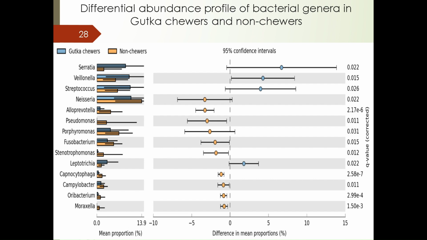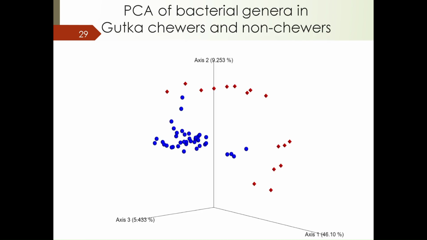And we found that there is considerable variation in the bacterial flora of the people who are using gutka and related betel nut preparations. This slide shows the PCA, principal component analysis, graph, showing that the oral microbiome of gutka chewers is considerably different from the oral microbiome of non-chewers.